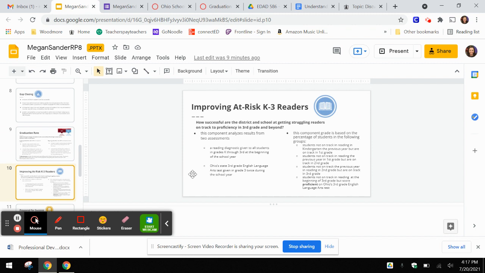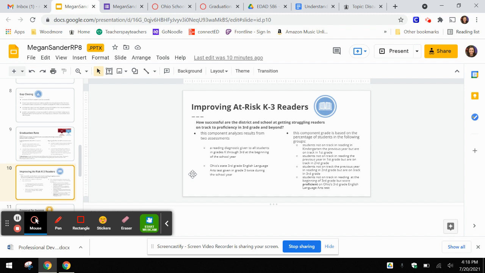The next component is improving at-risk K-3 readers. And this component forces us to ask ourselves, how successful are we at getting struggling readers on track to proficiency in third grade and even beyond that? In order to answer those questions, we have a few different assessments that are administered in each district.